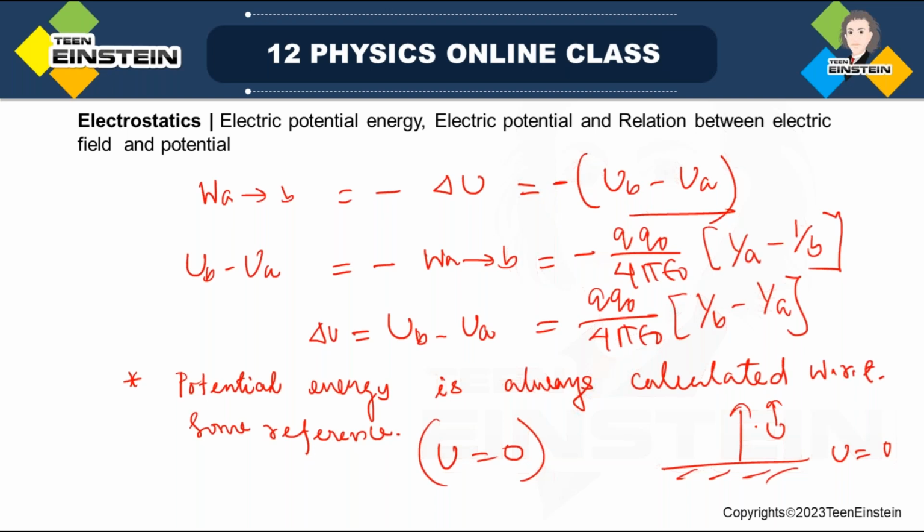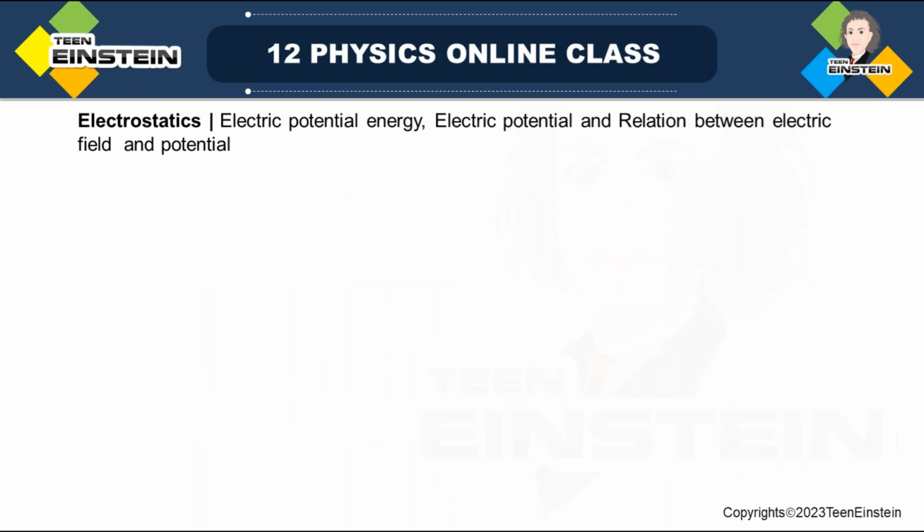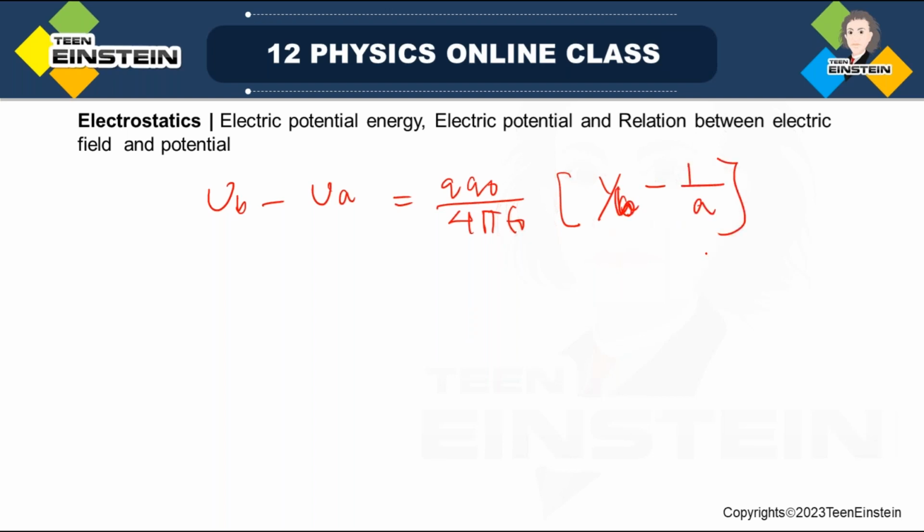So similarly, in case of electric field or electric potential energy, see what we have here. Electric potential energy UB minus UA is equal to q0 q by 4 pi epsilon naught, 1 by B minus 1 by A. This is what we have seen. So the potential energy needs a reference.